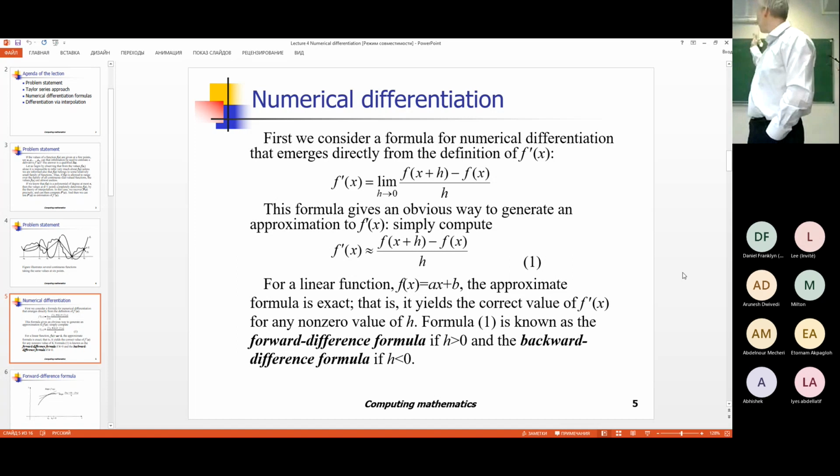Exactly, in this case, f of x equals ax plus b, f prime x is ax? No, it's a. Just a. According to the rules of differentiation, f prime x equals a.